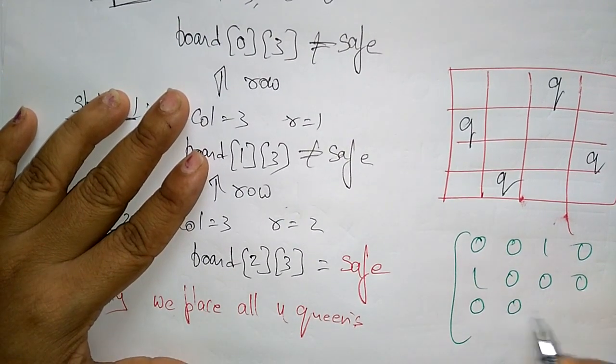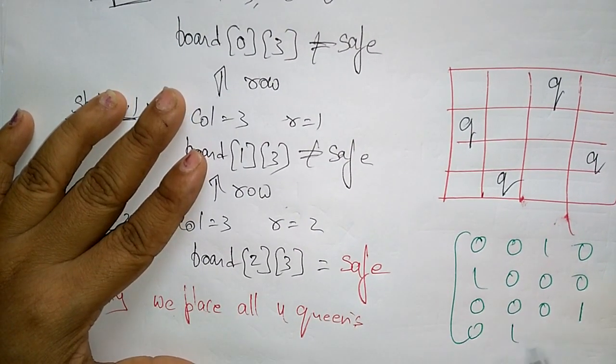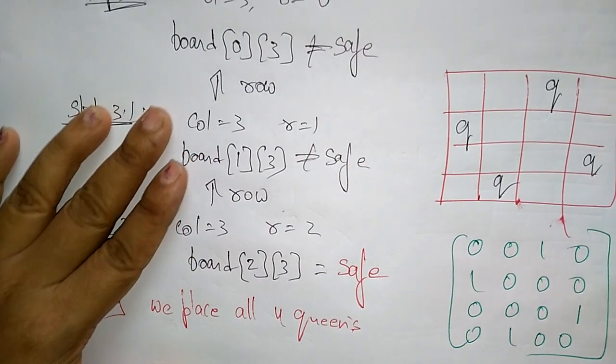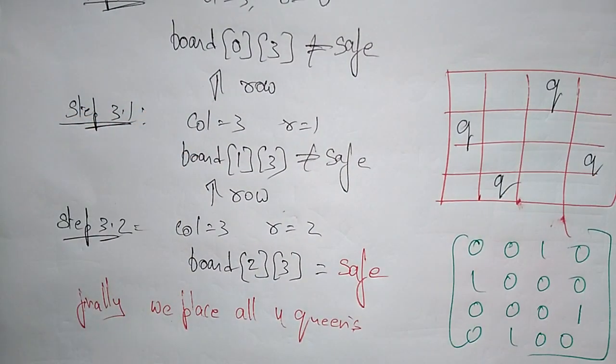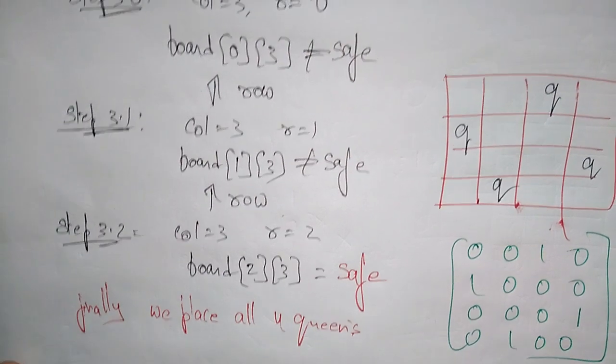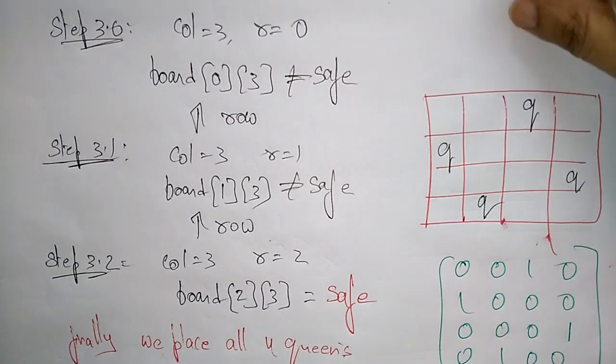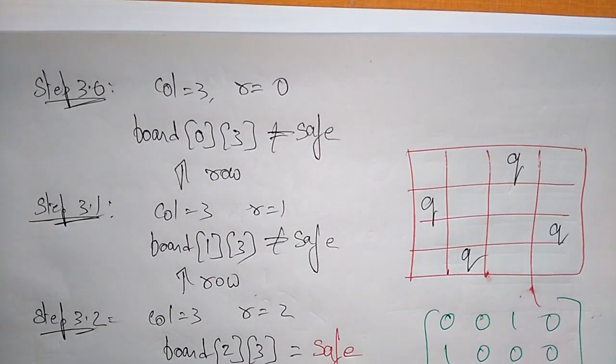Wherever the Q is there, that is set to 1. So this is the matrix representation of this 4 queen problem. In the same way, you can generalize this 4 queen problem to make it an n queen problem. So this is an example for the 4 queen problem. Thank you.